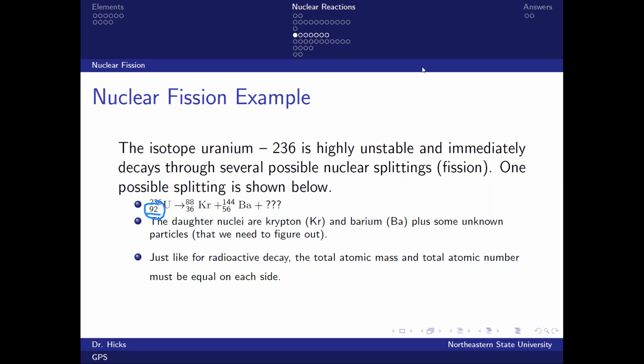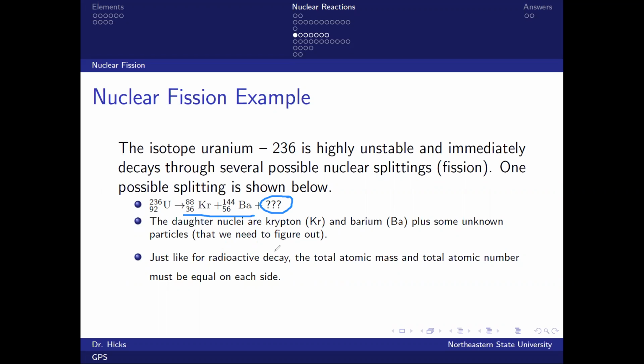And one possible way that it can take care of being unstable, in addition to alpha decay, is it can just randomly split into two smaller nuclei. This is one possible splitting where one nucleus that's left over is krypton, and the other nucleus that's left over is barium. And then some other unknown particles are also emitted.